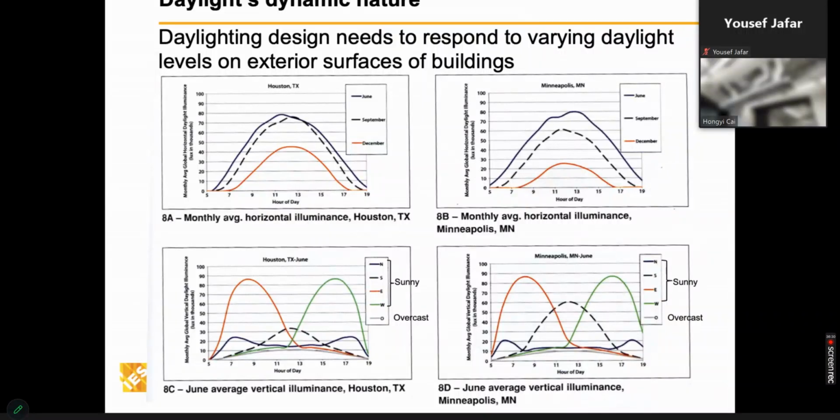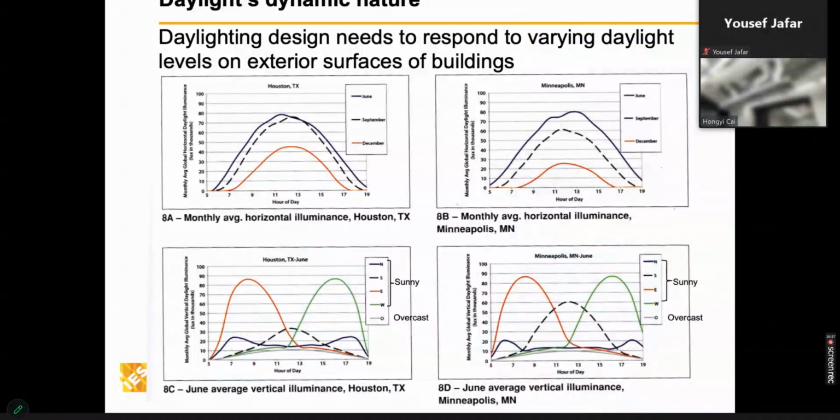The dark blue line is June, the black dashed line is September, and the red line is December. So you will have the average horizontal illuminance on your surface, outside, without any obstructions, in a curve like this, which makes sense, because this is the time. This is sunrise, sunset.